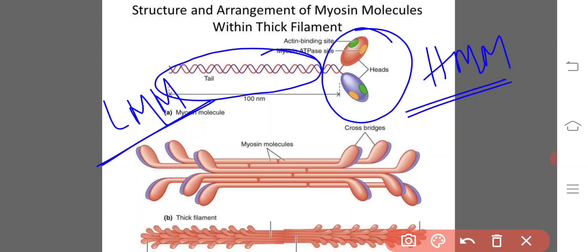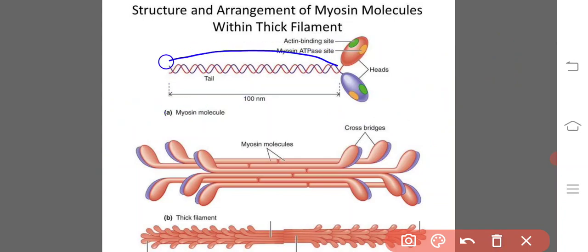That is, the myosin molecule gets divided into two portions. Let us see them one by one. Light meromyosin is the tail or backbone portion of the myosin molecule, which intertwines with the tails of other myosin molecules to form a thick filament.